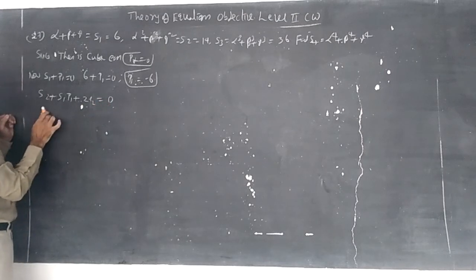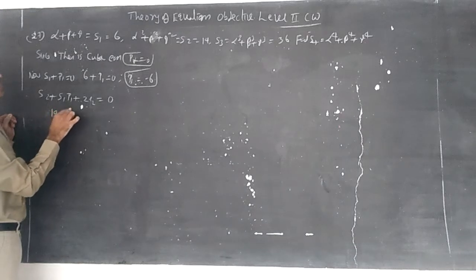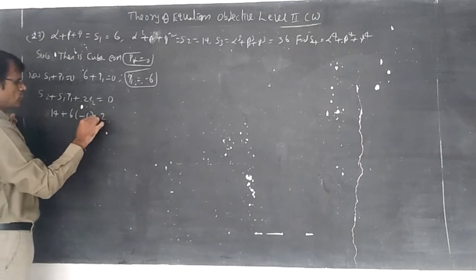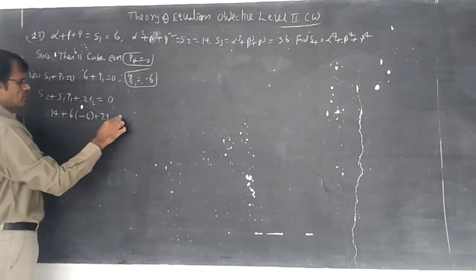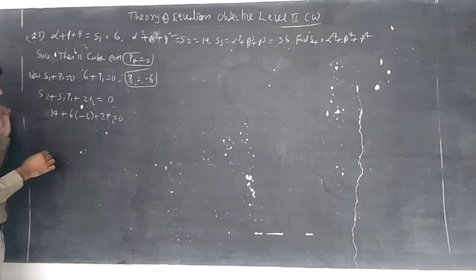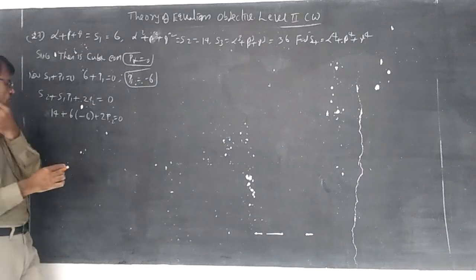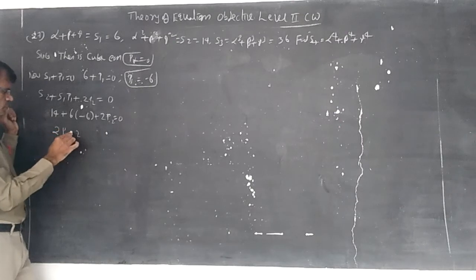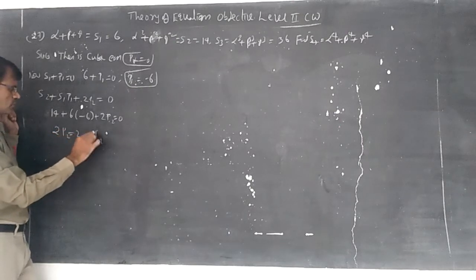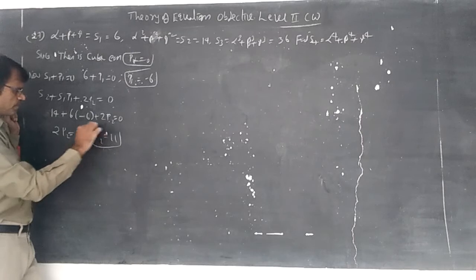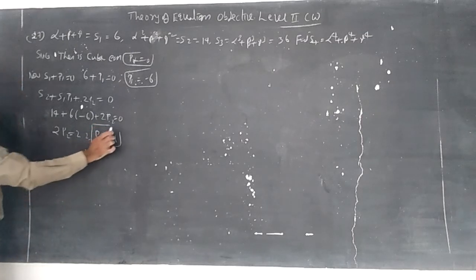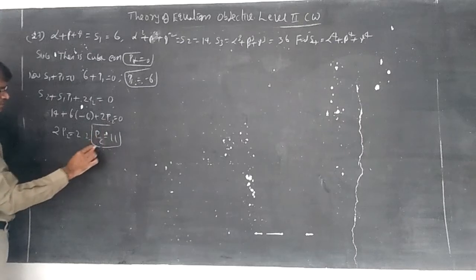S2 is given as 14, plus S1 meaning 6 and P1 meaning minus 6, plus 2 P2 equal to 0. 14 minus 36 means minus 22. So 2P2 equal to 22. P2 is equal to 11.